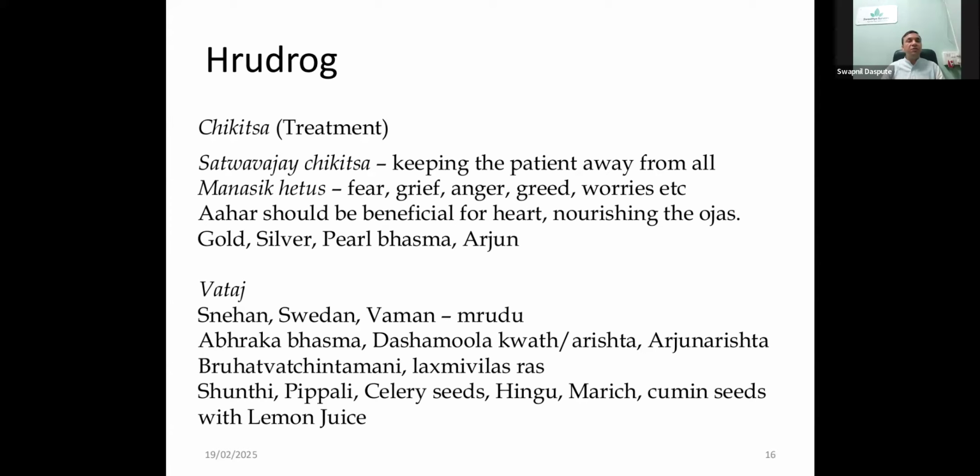Gold, silver, so suvarna, raupya, mauktika, pearl bhasma. These bhasmas will help in giving strength to the heart muscles. And Arjuna. Arjuna is one herb.